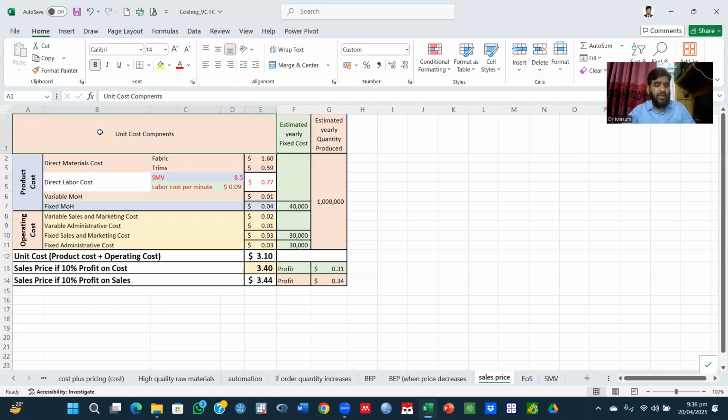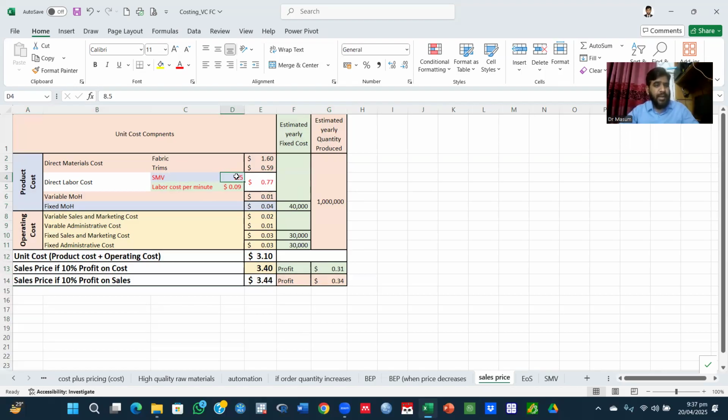This is ultimately a cost sheet for you. So you will develop such a cost sheet. That is your assignment that you are going to present in the coming week. One more thing, then we will come to accept your questions.